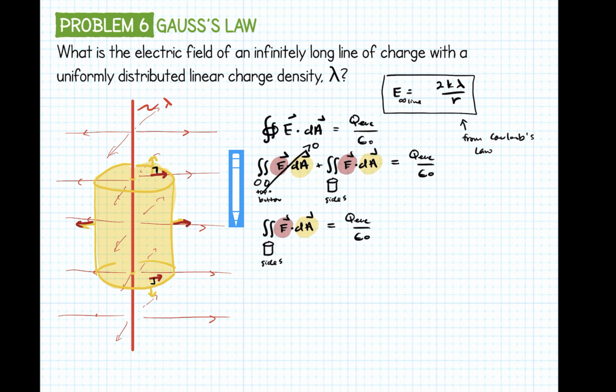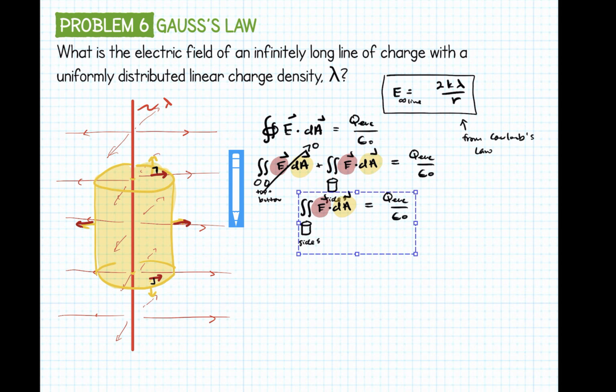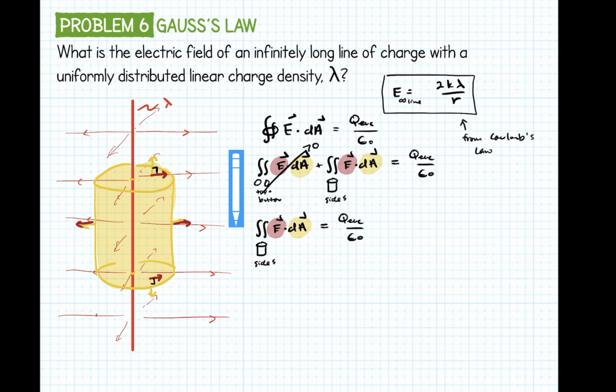We know that because these are parallel, that's an angle of 0, so the dot product goes away. We also know that every electric field vector on this side surface, since it's the same radius, should be the same electric field. So we can pull the electric field out because it's constant. And then we have the integral of dA for just the cylinder is equal to Q enclosed over epsilon naught.